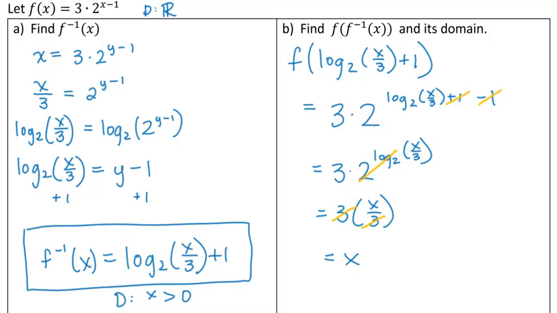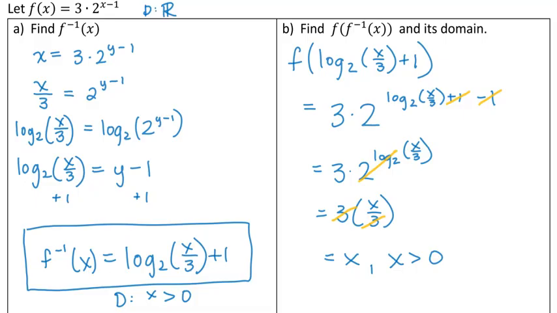So what we're looking at here when we talk about the domain of the composite function is back to that two-step thing that we haven't had to think about for a little bit. In order for input to survive a composite function, it first has to be a valid input for the inner function, and then the output that we get has to survive the outer function. So in this case, just to survive the inner function, we have to make sure that we start with an x greater than 0.